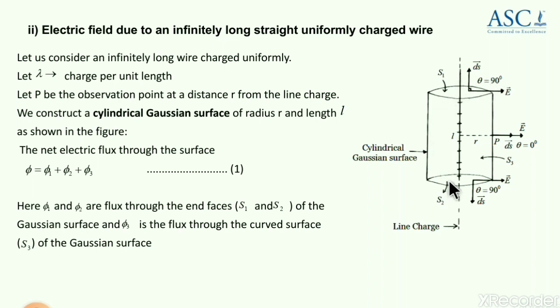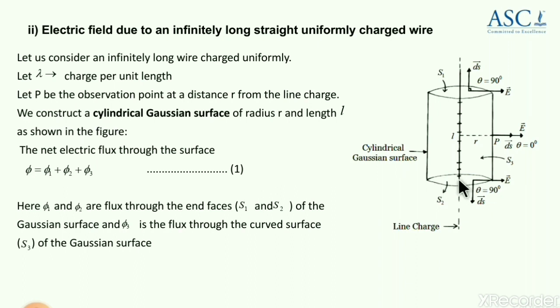Similarly, see here, S2 is also very much the same, that is, the normal to this surface S2, or perpendicular to this surface S2, will be in this direction at every point. If you consider, I have chosen this point, and now the electric field due to the charges on this thin wire will be in this direction here, and if I am choosing this point, it will be in this direction, or else on the other side it will be like this.